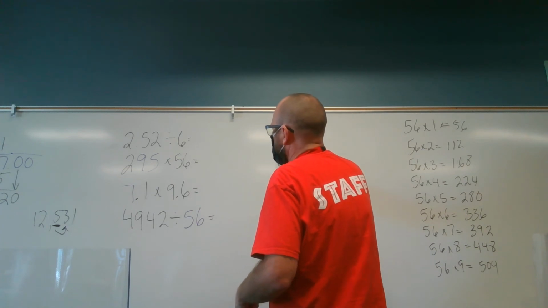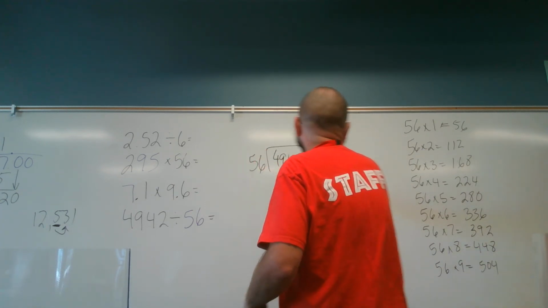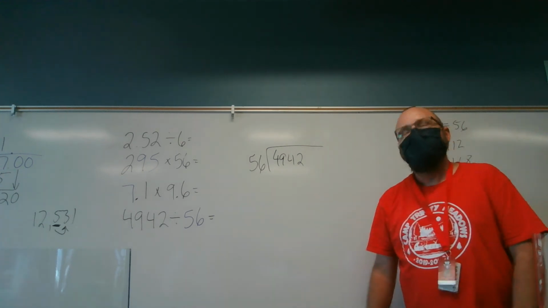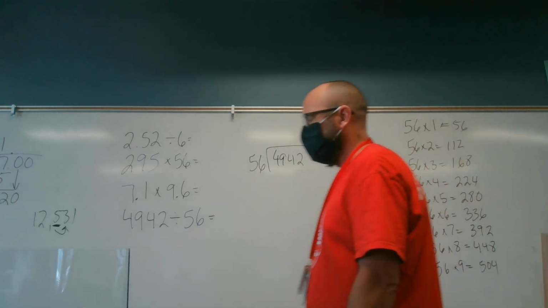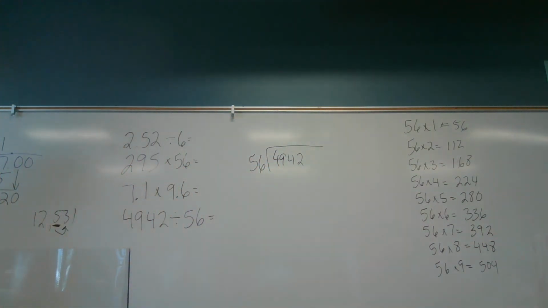Now we're using our multiples of 56 that I wrote down earlier because I was smart and knew we were going to use it already. Or I was dumb and didn't pay attention. One of the two. The second one. I ask myself, does 56 go into 4? No. Does 56 go into 49?